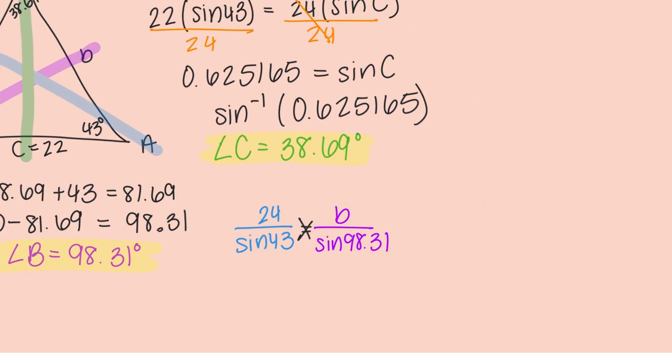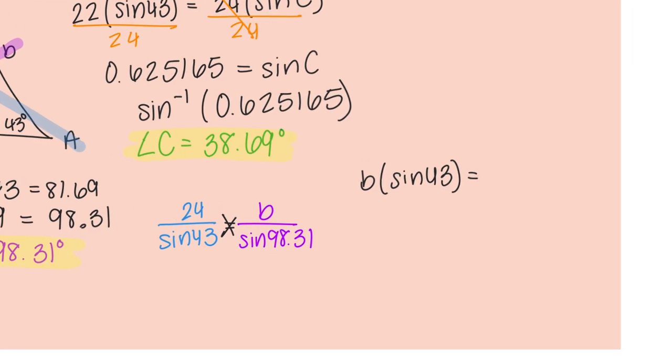Okay, and then I'm just going to go ahead and cross multiply. I'm going to end up with, just going to write it next to it, B times sine 43 equals 24 times sine 98.31. Okay, then I'm going to have to divide to get B by itself.